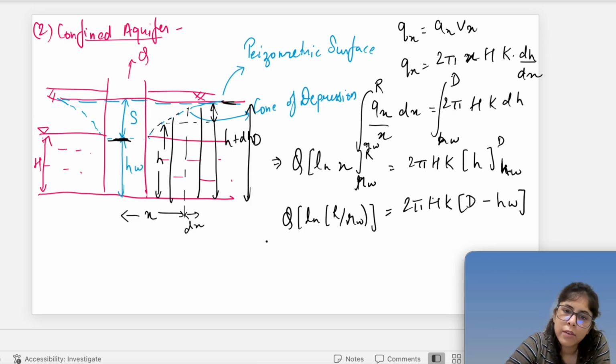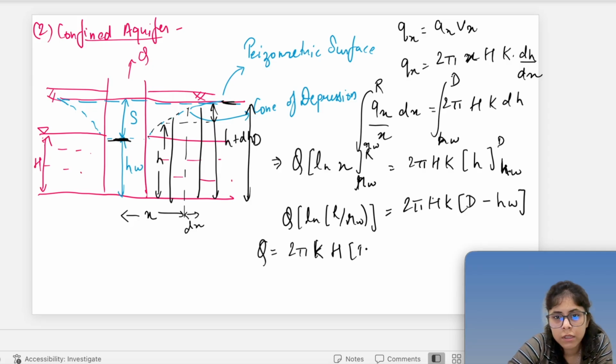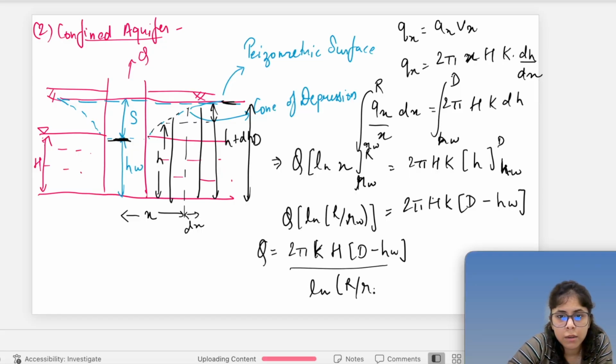And if I want to put it in terms of Q, then it is Q = 2 pi k h (D minus hw) upon ln r upon rw.